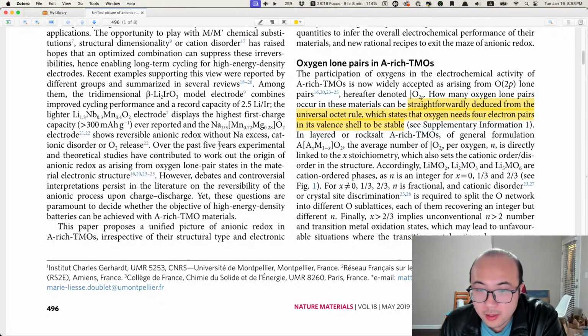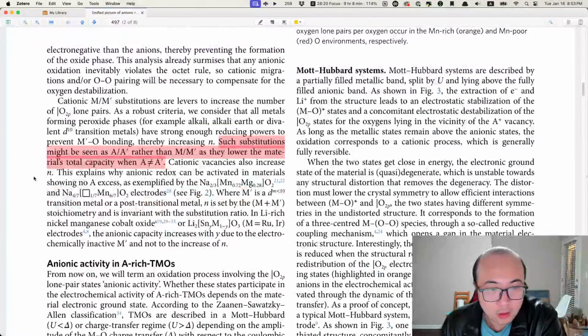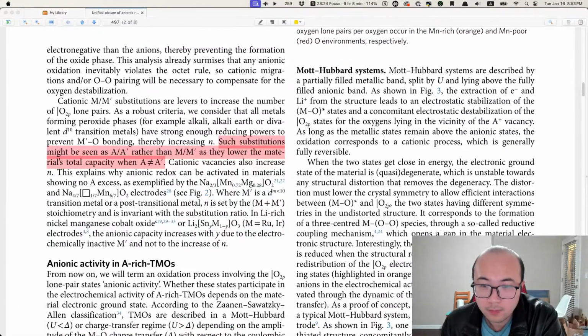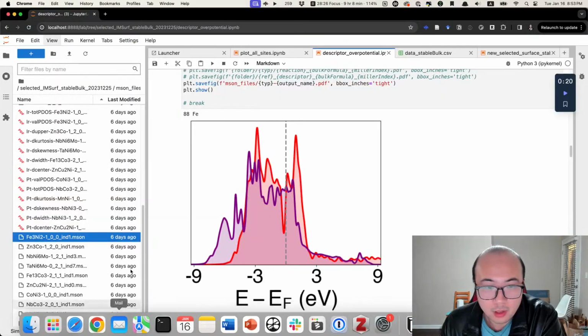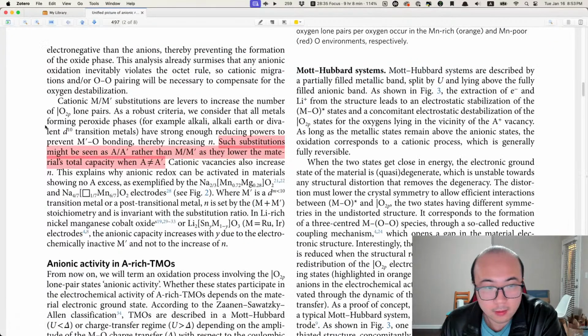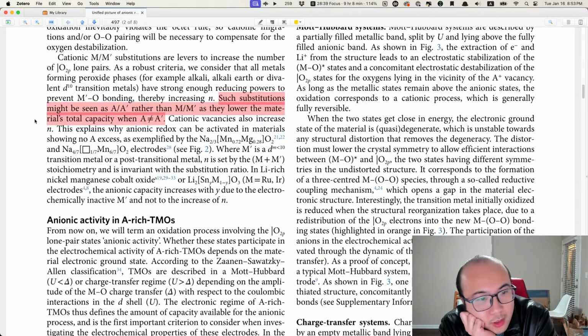I don't really understand this. Is anyone familiar with this one? Cationic vacancies also increase this, and this explains why.